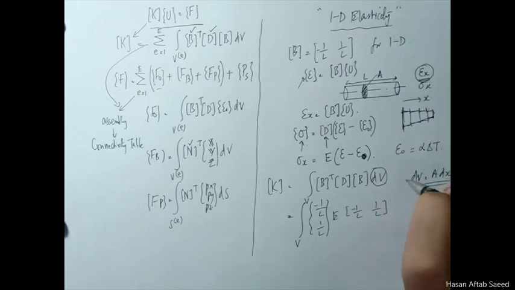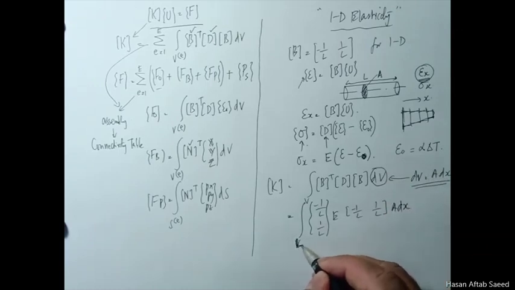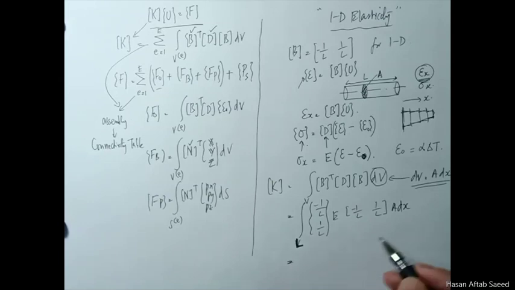So if we change this into A dx, then this becomes a length integral, not a volume integral. Taking the constants out, E goes out, A is a constant, goes out.